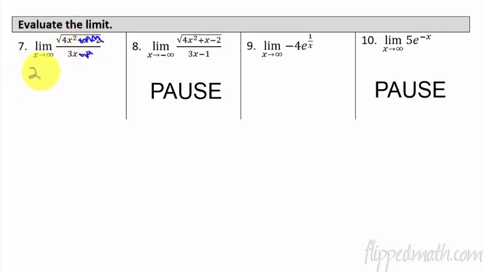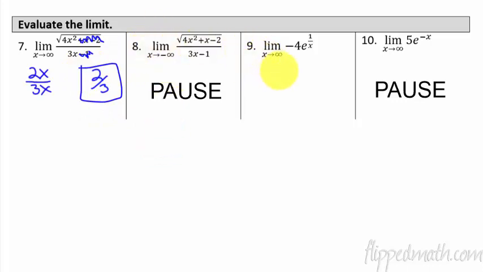That really means we have 2x over 3x. As you approach infinity, you're going to have 2 times infinity over 3 times infinity, so that's basically just 2/3. So the answer to this is 2/3. We don't have to check the negative side because this is going to positive infinity, not negative. So the answer is 2/3.